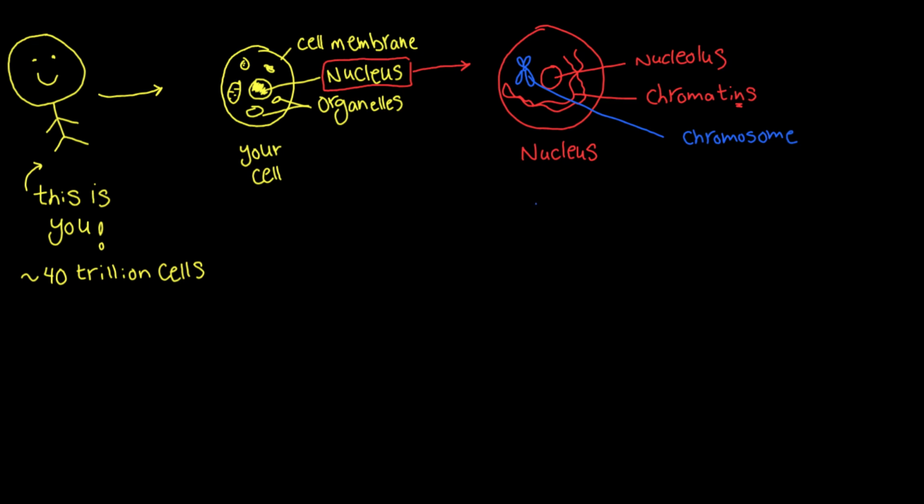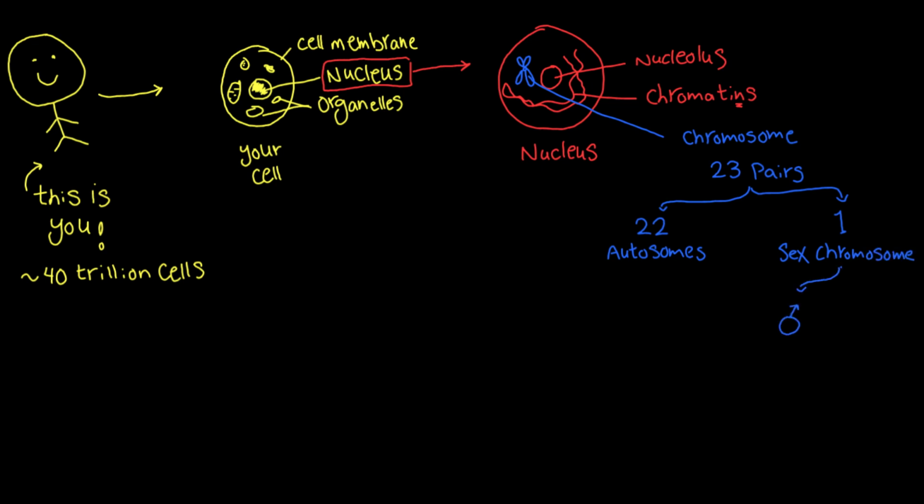In human, each cell normally contains 23 pairs of chromosomes, for a total of 46 chromosomes. 22 of these pairs are called autosomes, and they look the same in both males and females. The last pair are called sex chromosomes, and they differ between males and females. Males have one copy of X chromosome and one copy of Y chromosome, while females have 2 copies of X chromosome.